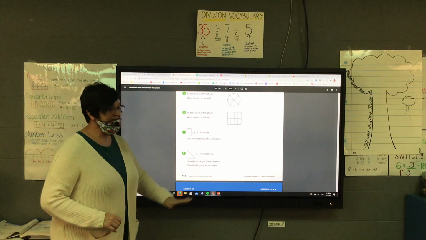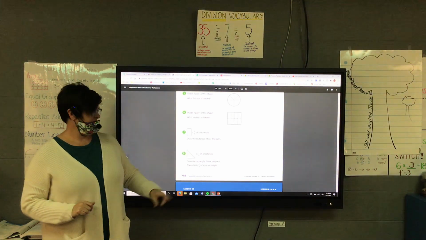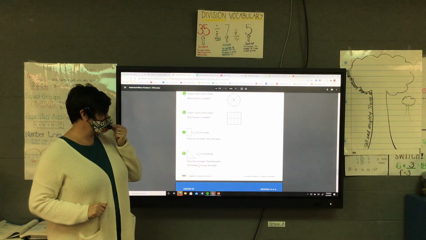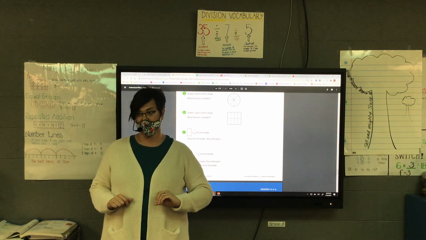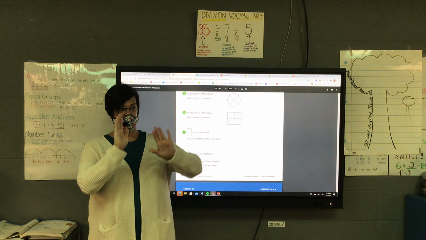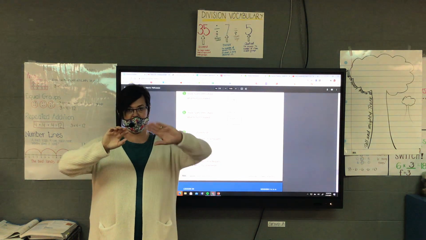You are creating a rectangle. Think about how you are going to use triangles to create a rectangle. If this is your triangle here, are you going to have to flip it?